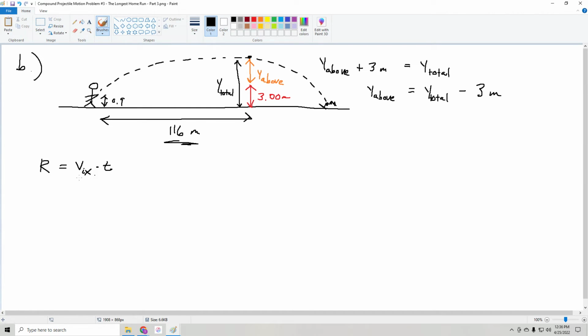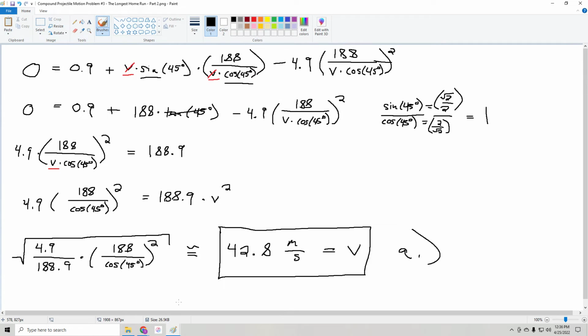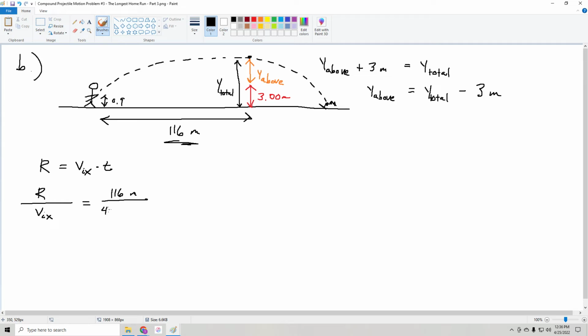So we're going to solve for the time, which is, if we divide both sides by the initial x velocity, the range over the initial x velocity. And what's the range here? 116 meters. The initial speed from part A was what? 42.8. So 42.8, and we want the x component of the velocity, which is cosine of 45 degrees, the angle that we were told.